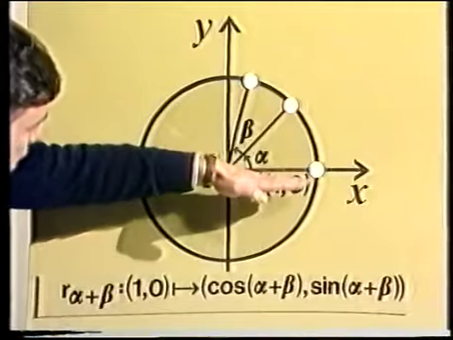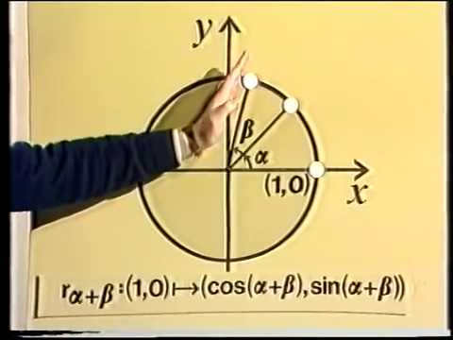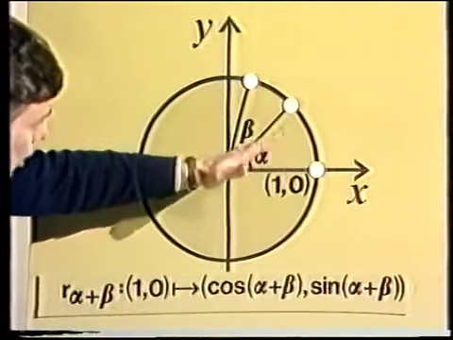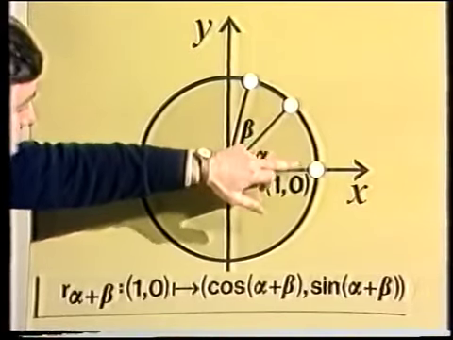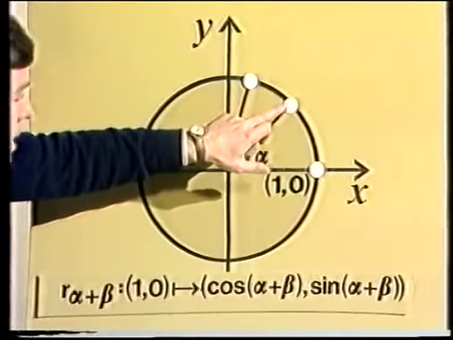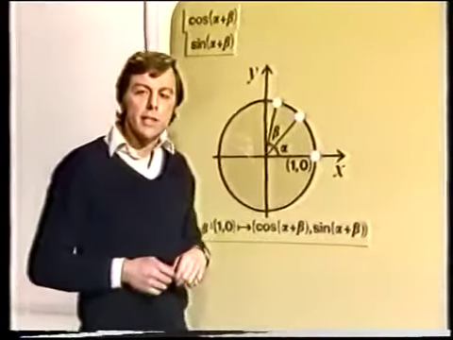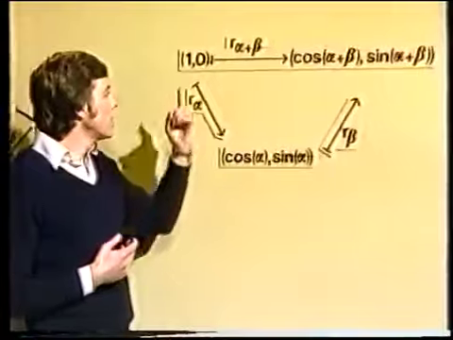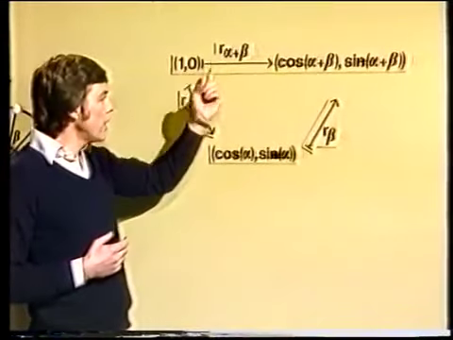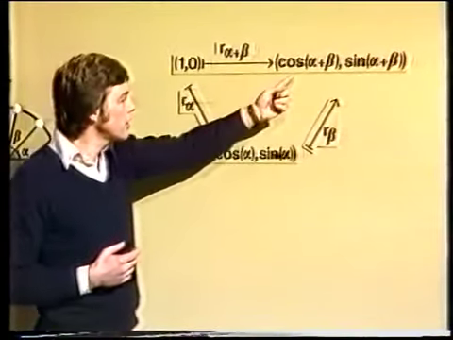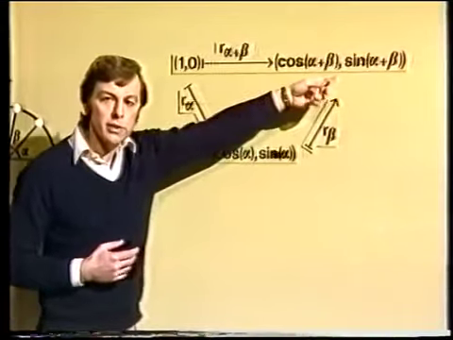The first way is to rotate straight through alpha plus beta, or we can rotate through alpha first, which takes this point to here, and then rotate this point through beta. We can look at it like this. We can rotate 1, 0 straight through alpha plus beta to get cos alpha plus beta, sine alpha plus beta.